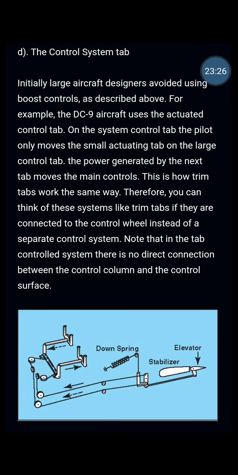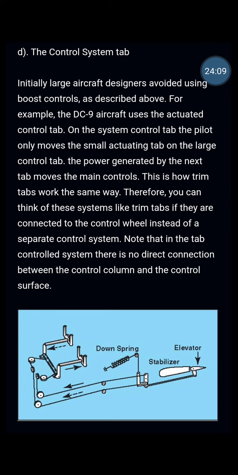The power generated by the tab moves the main controls. This is how trim tabs work, the same way. Therefore, you can think of these systems like trim tabs if they are connected to the control wheel instead of a separate control system. Note that in the tab control system there is no direct connection between the control column and the control surface. And this is the picture.